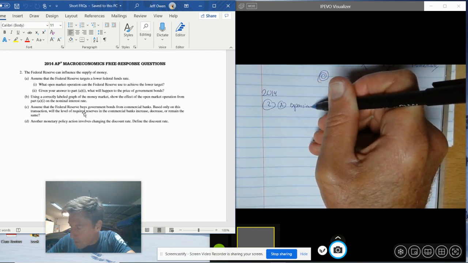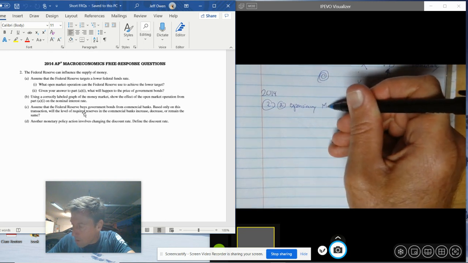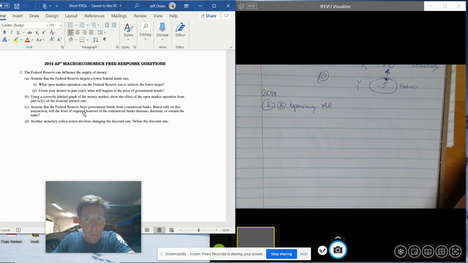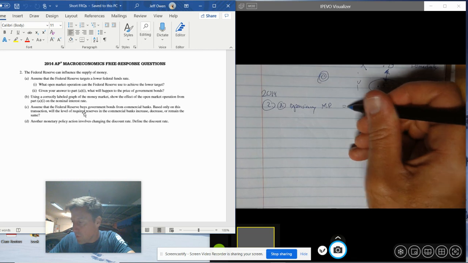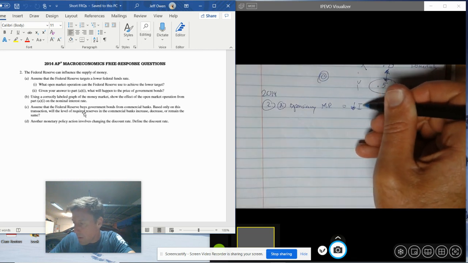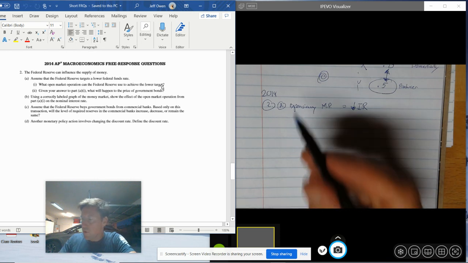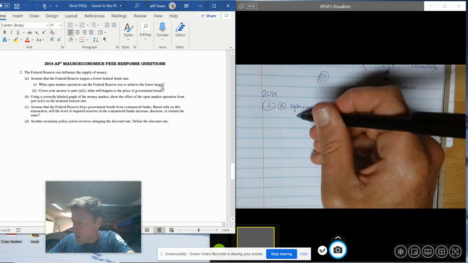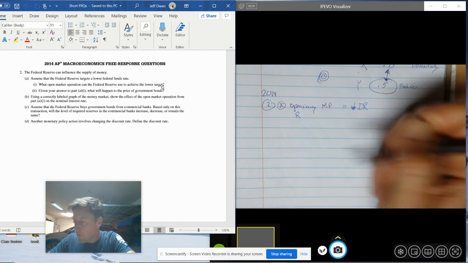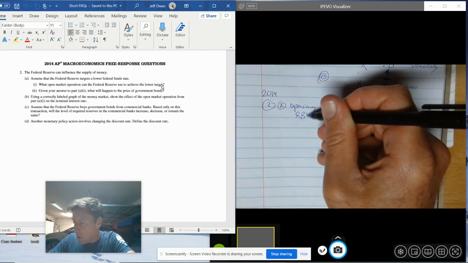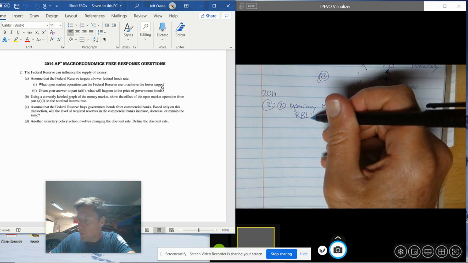Expansionary monetary policy, right? Why? Because whenever you have an expansionary policy, you're always dropping the interest rates. And they evaluate the federal funds rate as that. What open market operation can the Fed use to lower the target? Well, for an expansionary monetary policy, if you want to reduce the interest rates, you can buy bonds, lower the reserve requirement, or lower the discount rate.